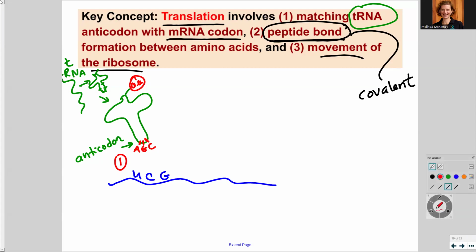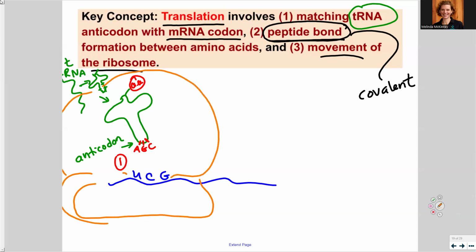Remember, we've got a big old ribosome here that's kind of sitting around this area. Here's my small subunit, okay? I've got a big top of the hamburger bun here. That's my large subunit. Okay, this is my ribosome. And as the transfer RNA comes in, the amino acid's going to bond to the other amino acids that were there.